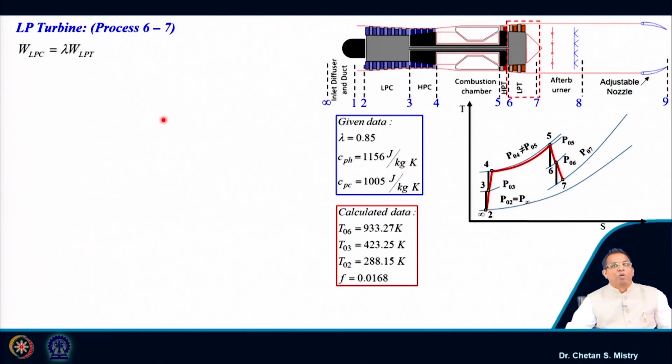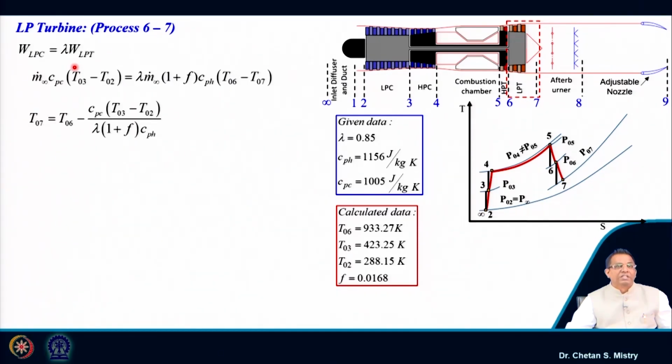Okay. Now, the next component we have is our LP turbine. This LP turbine is used to rotate our LP compressor, and we are correlating that in terms of mechanical efficiency. So, we will write the equation of work balance here, and if we simplify this equation, it gives me the exit temperature from my LP turbine.